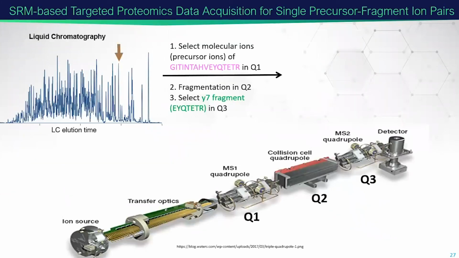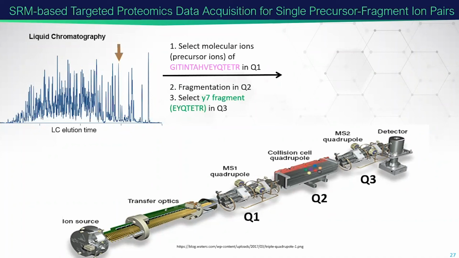In SRM-based targeted proteomics, you have a liquid chromatography elution of peptides, and you send those into the mass spectrometer. As I mentioned, it first comes to Q1, a quadrupole, where you can select the peptide of interest, and then send it into Q2, which is a fragmentation cell, a collision cell.